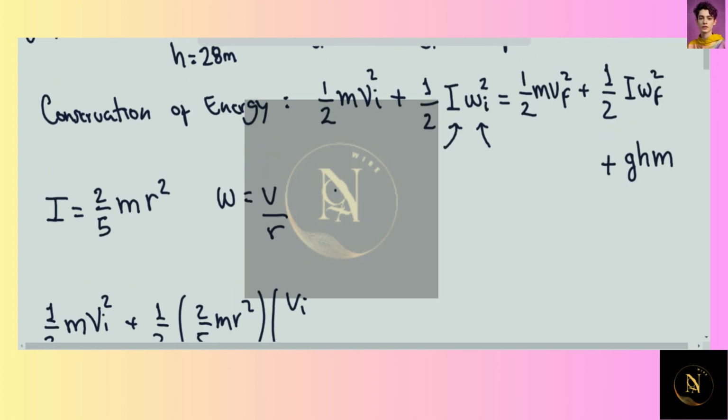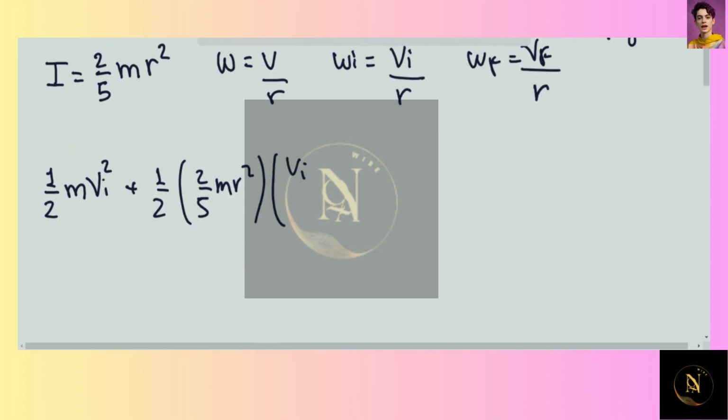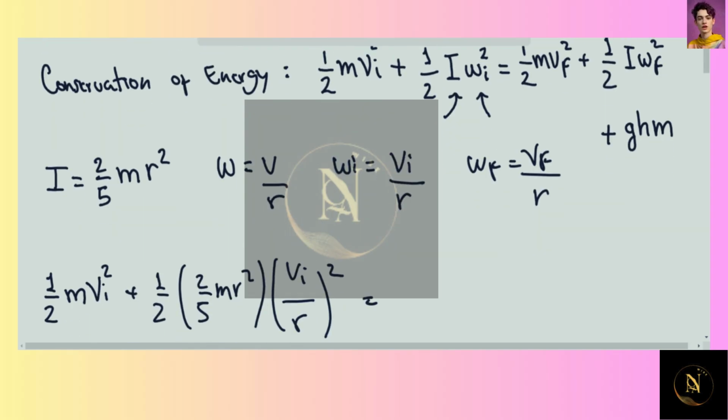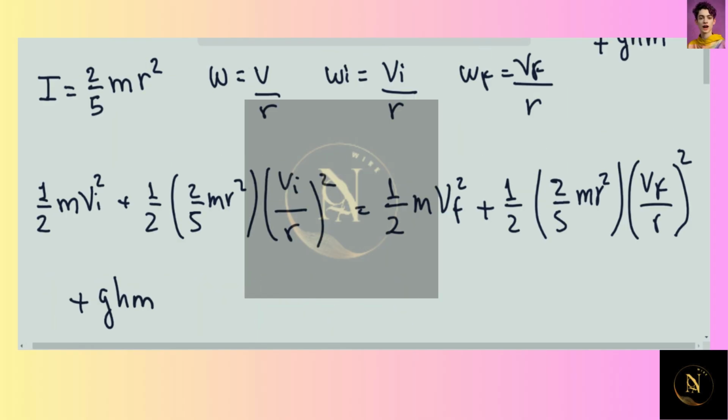The initial angular velocity is equal to the initial translational velocity over r, and the final one is with the final translational velocity. And for the other side, this is the final expression for the conservation of energy.